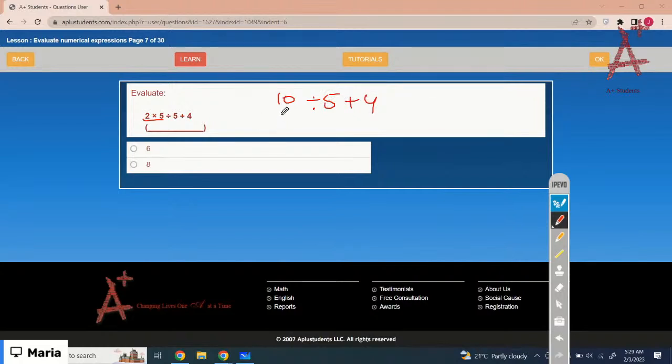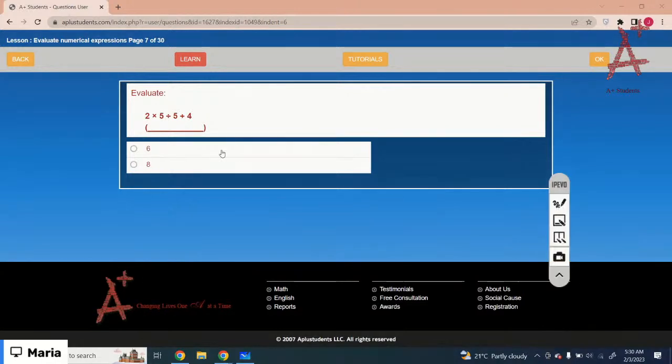Then you have to do division. 5 times what number is 10? 5 times 2 is 10. Then you have to do 2 plus 4. So 2 plus 4 equals 6. Just select the correct option and click on the OK button.